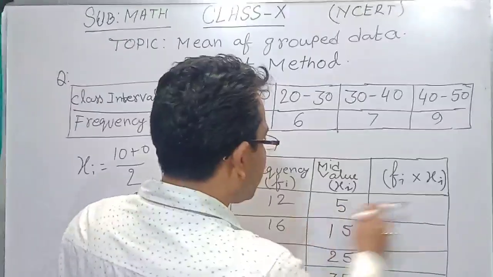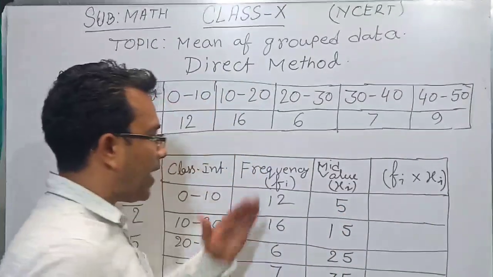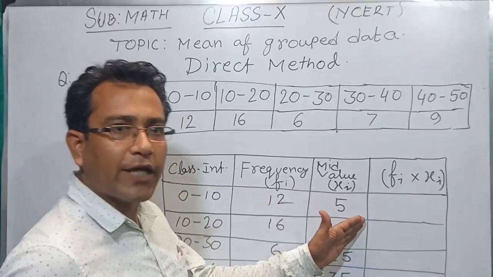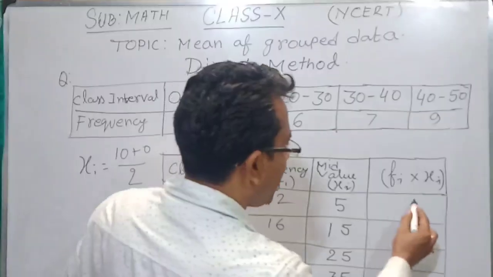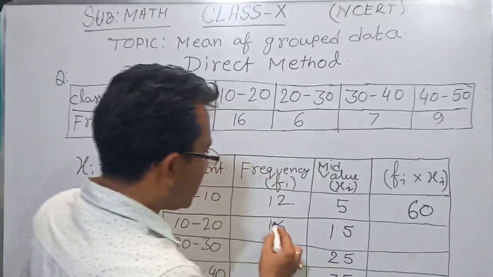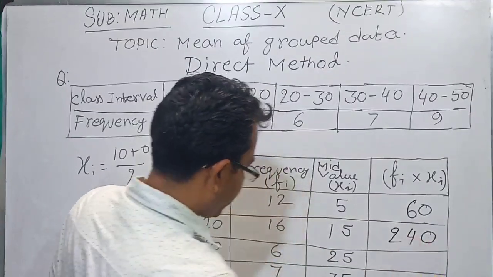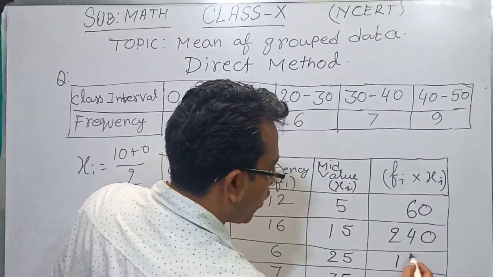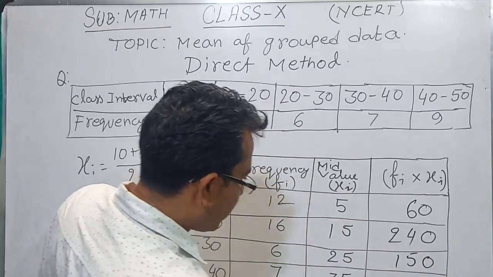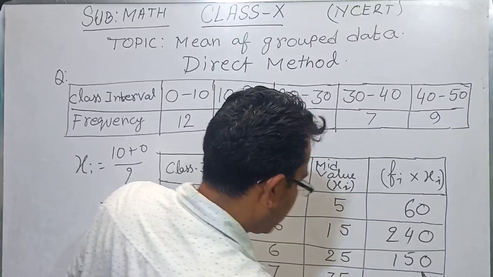Now is the multiplication of the Fi with the Xi.